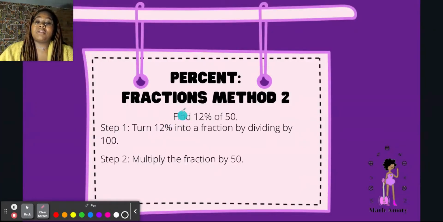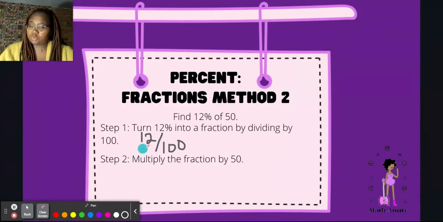But we're going to start by turning 12% into a fraction by taking 12 and dividing it by 100. 12 per 100. 12 over 100. All right. We take our fraction now.